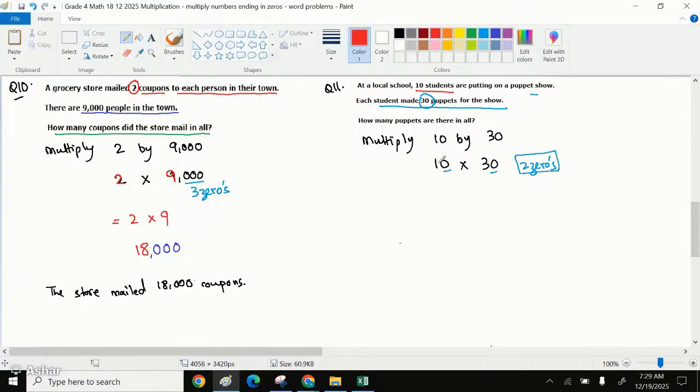So can we multiply? 1 multiplied by 3 is 3, and we simply bring down the number of zeros. So how many puppets are there altogether? There are 300 puppets in all, right? So what we need to do is remember how many zeros are there, okay?